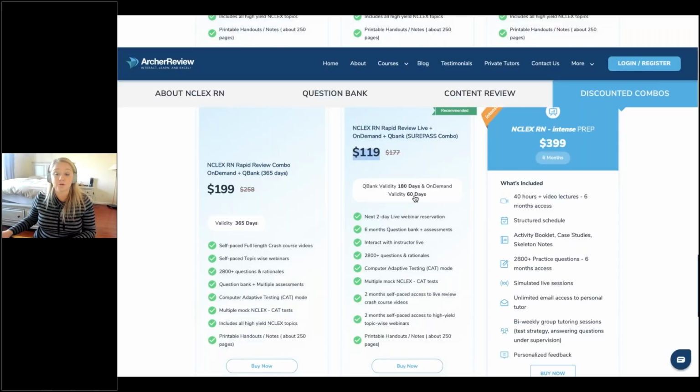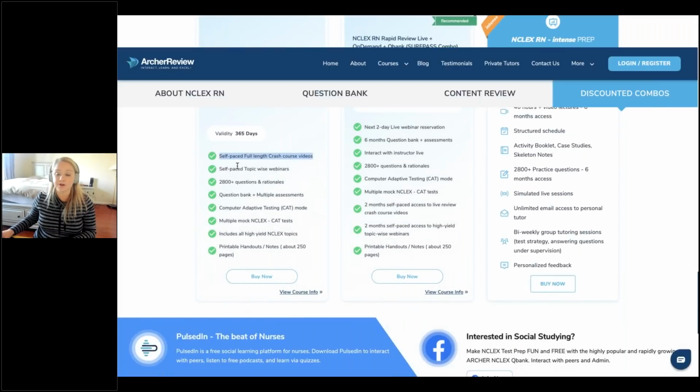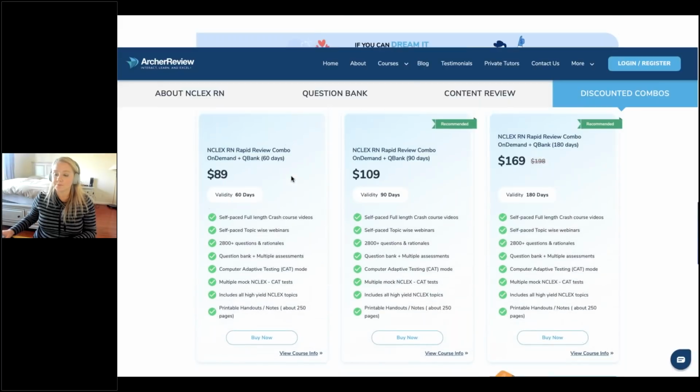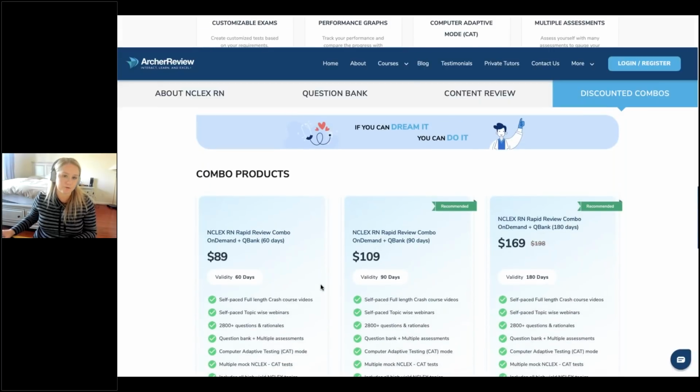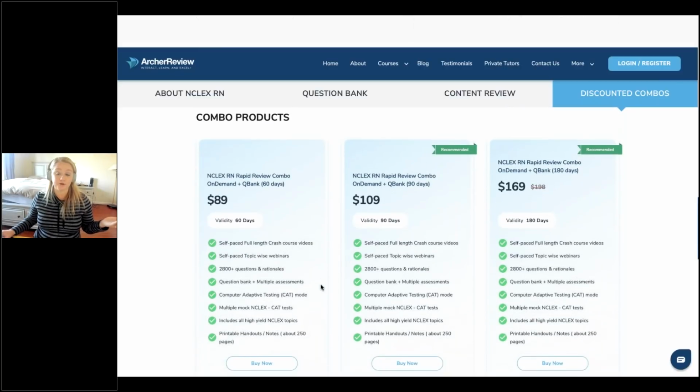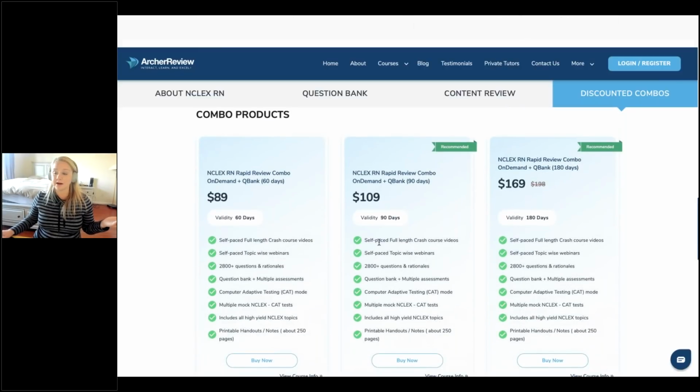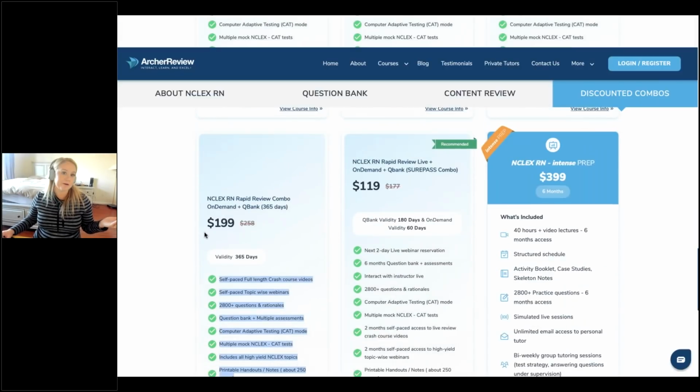If you need to study for longer, we've got another SurePass combo that's going to be active for a whole year, $199. Read all of the different things it includes here. If you need to study for shorter, then we've got other options up here for you. So read what they include and pick the right combo for you. So from $89 up to $199, anywhere in that range.